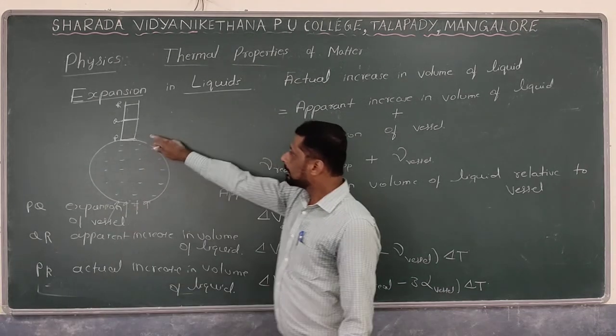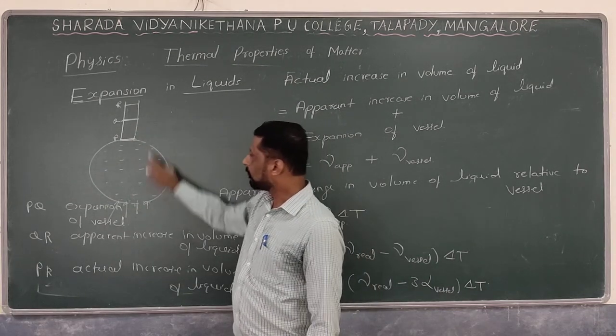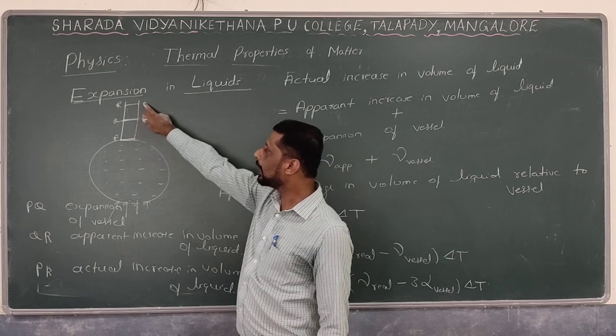So here PQ represents the expansion of what? The vessel. Where QR represents what?